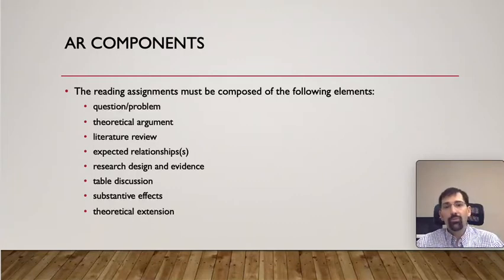What you need to go find is the substantive effect of the explanatory variable on the dependent variable. Go find the sentences that say something like, a standard deviation increase in the level of unemployment increases the likelihood of the use of force by the President of the United States by 20%. Go find that sentence. Put that into your article review.